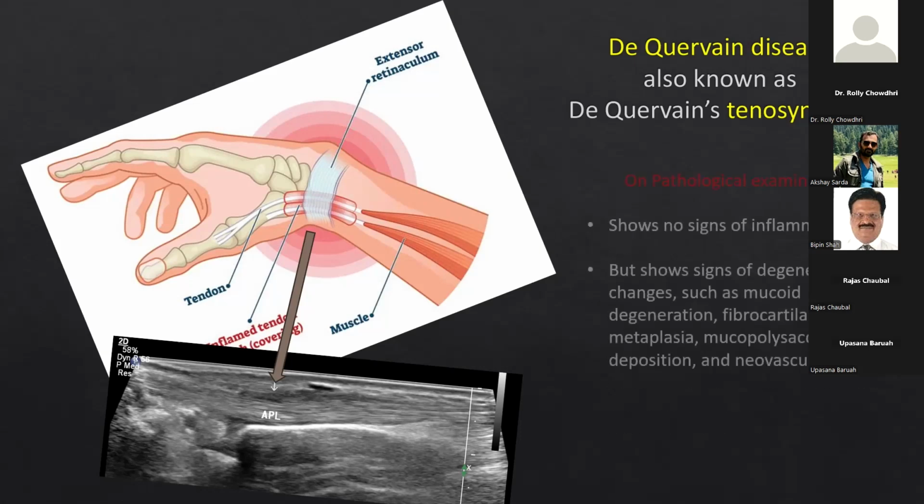Usually we call it de Quervain's tenosynovitis, but on pathological examination, you don't have any signs of inflammation. What you actually have are signs of degenerative changes like mucoid degeneration, fibrocartilage metaplasia, mucopolysaccharide deposition, and neovascularization. So the term usually used is de Quervain's disease and not de Quervain's tenosynovitis.